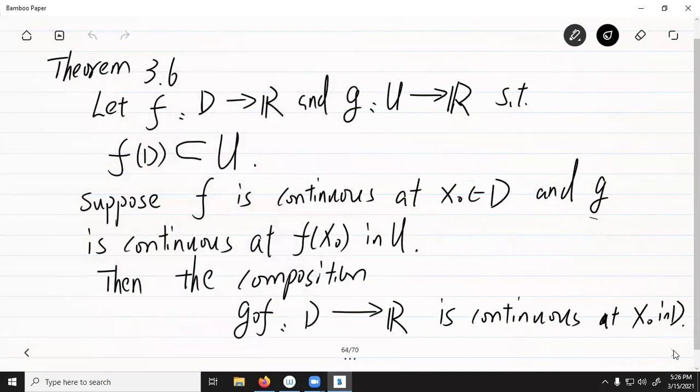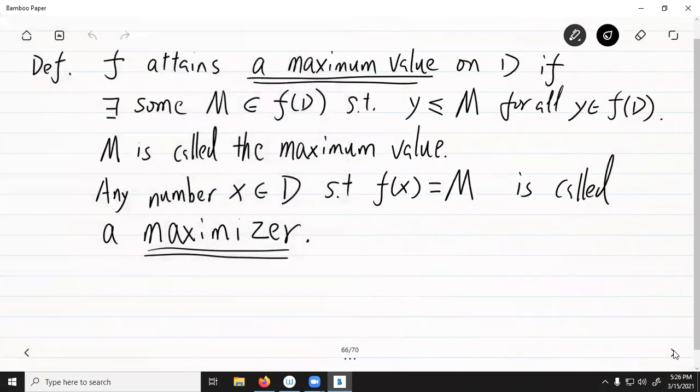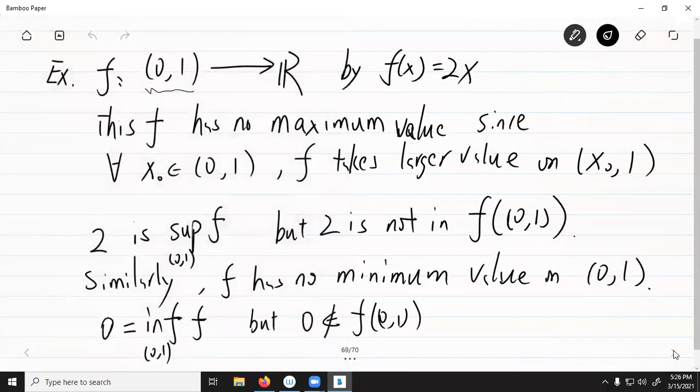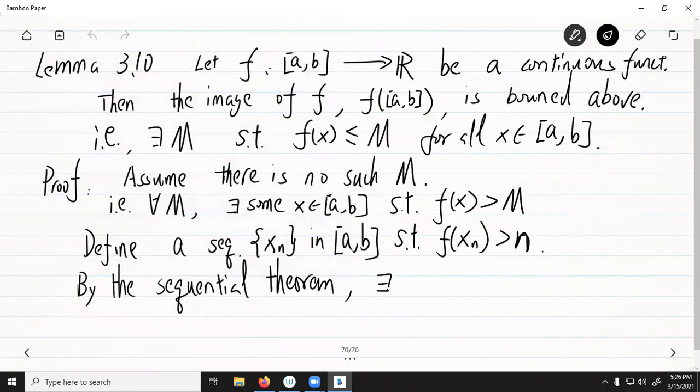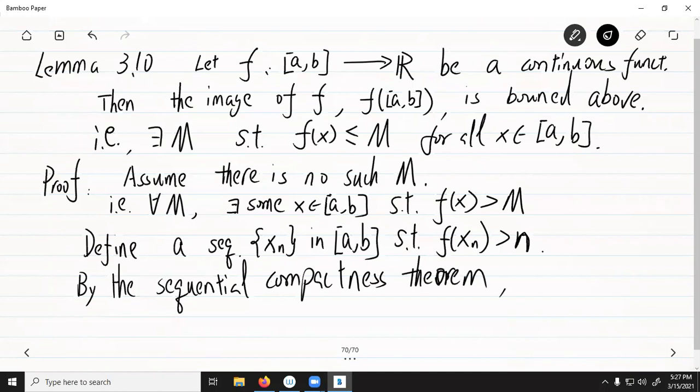Let's go to our proof. Now we have a sequence x_n in the closed interval [a, b], and we know the closed interval [a, b] is sequentially compact.